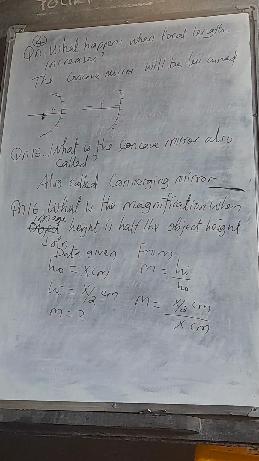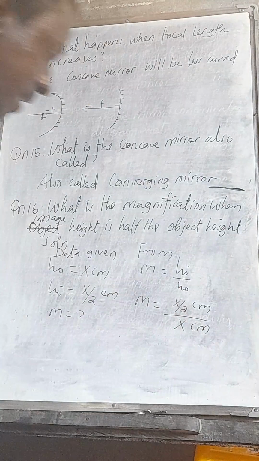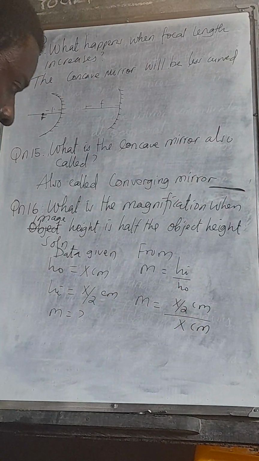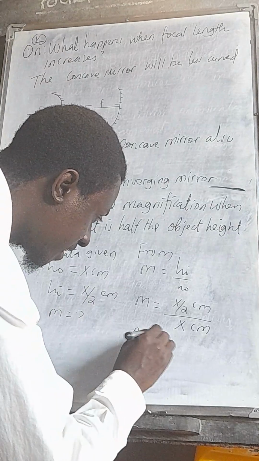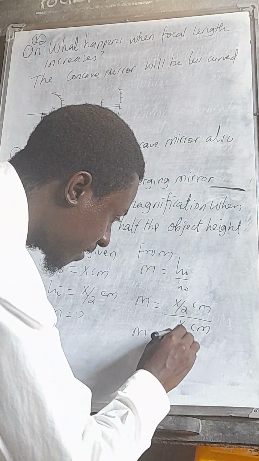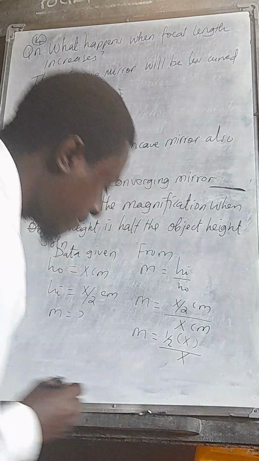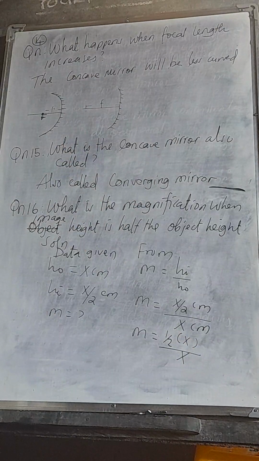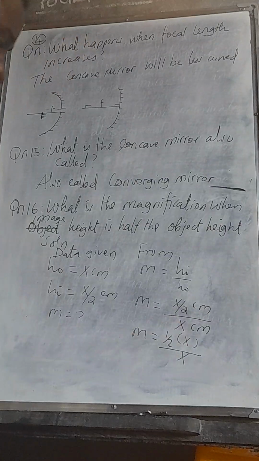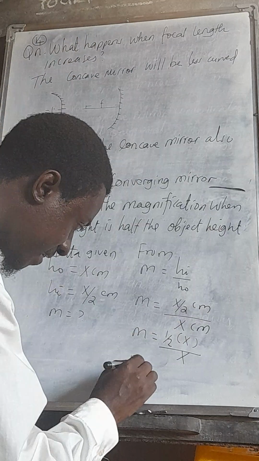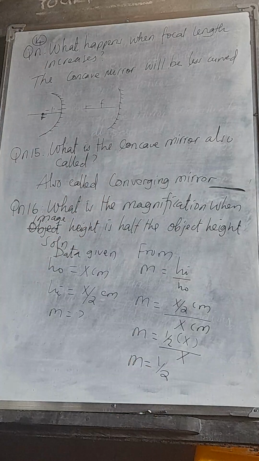That is very important to note. Now you may see centimeter and centimeter cancel. Here you are going to have magnification equal to a half in bracket x over x. So x and x will cancel, and finally magnification is a half.